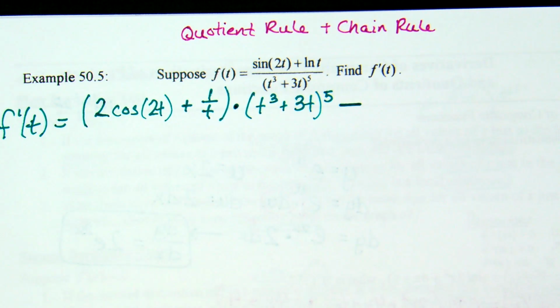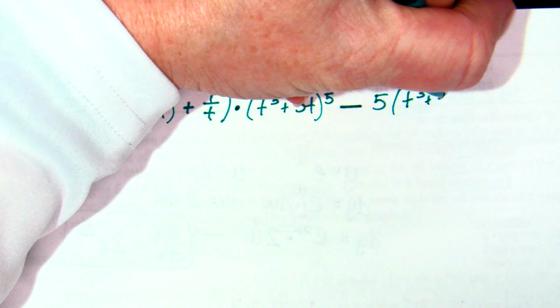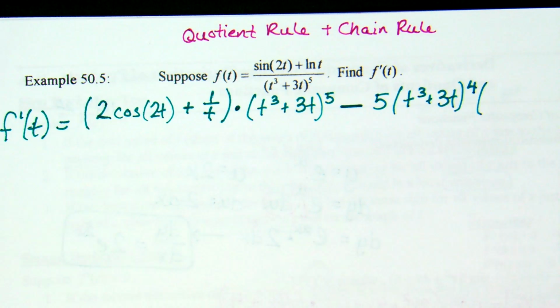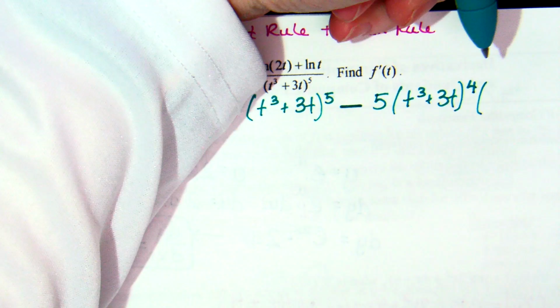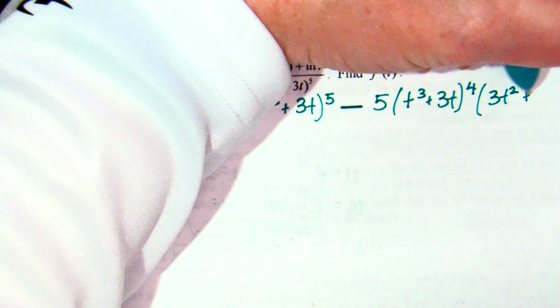So derivative of that something to the 5th: 5 something to the 4th. So 5 times t cubed plus 3t to the 4th. And before you move on, we have to say times the derivative of that something, which is derivative of t cubed plus 3t: 3t squared plus 3.